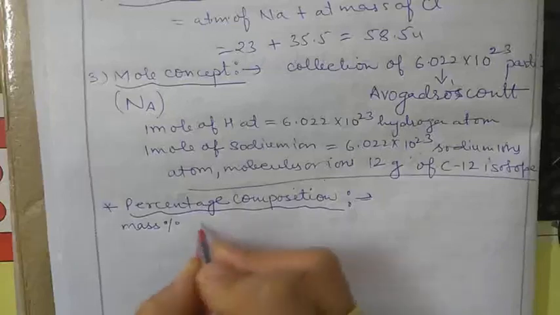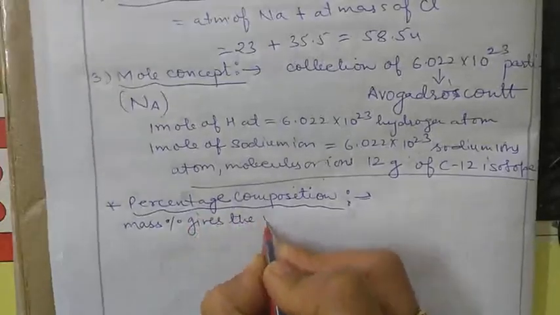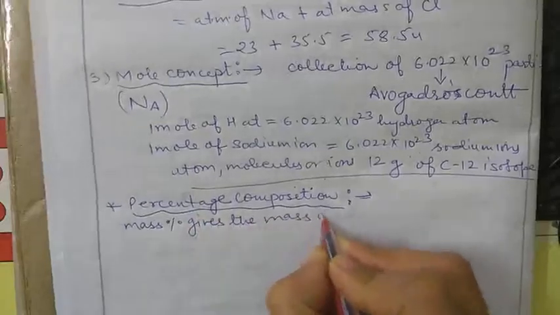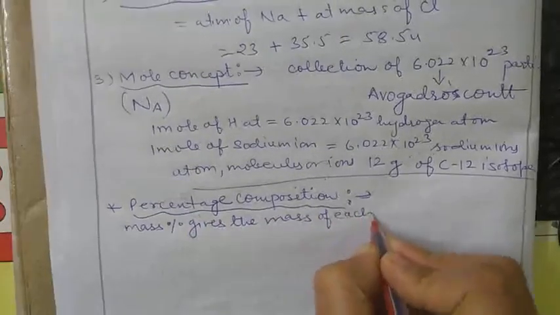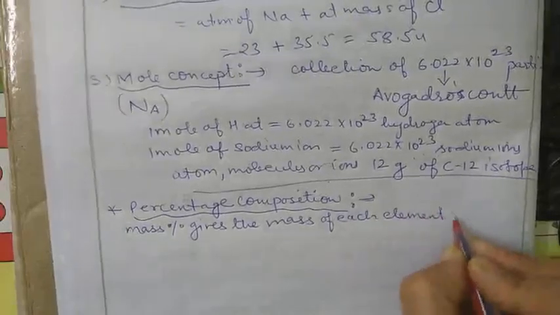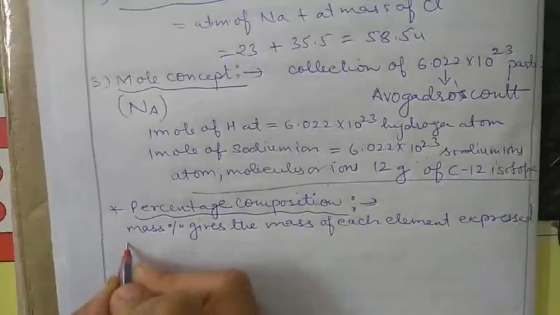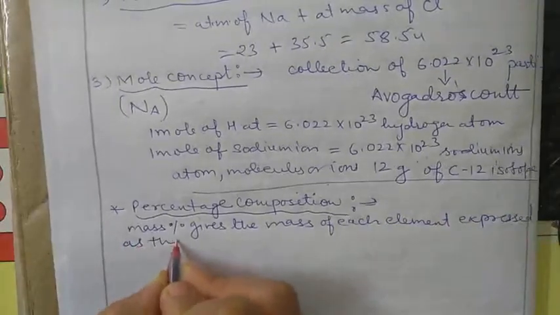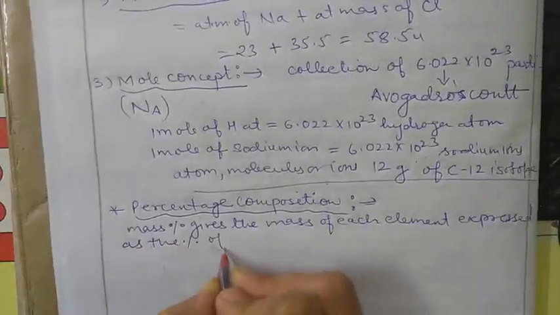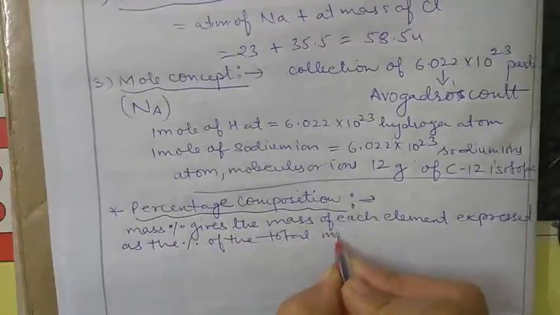So mass percentage gives the mass of each element expressed as the percentage of the total mass.